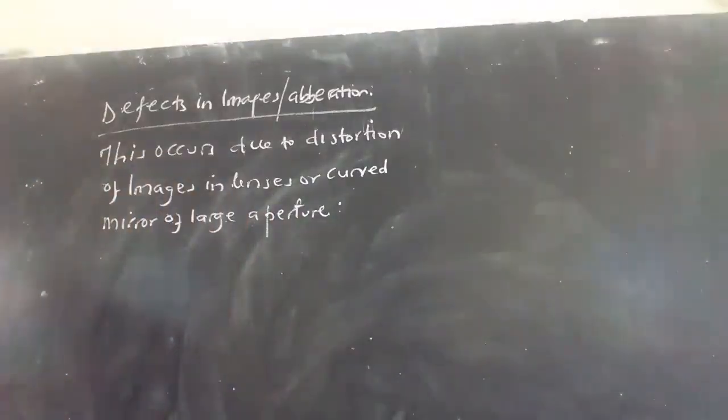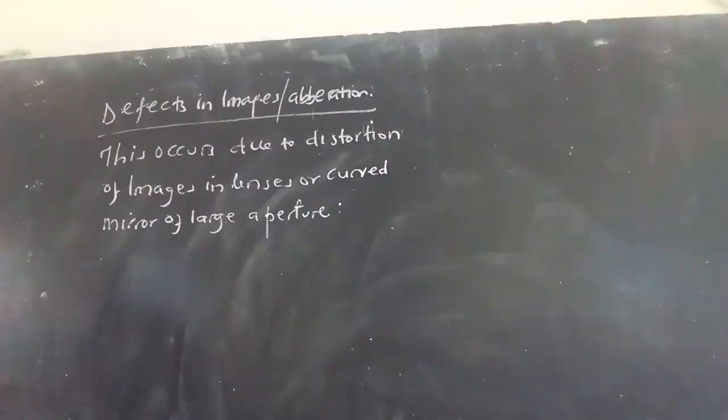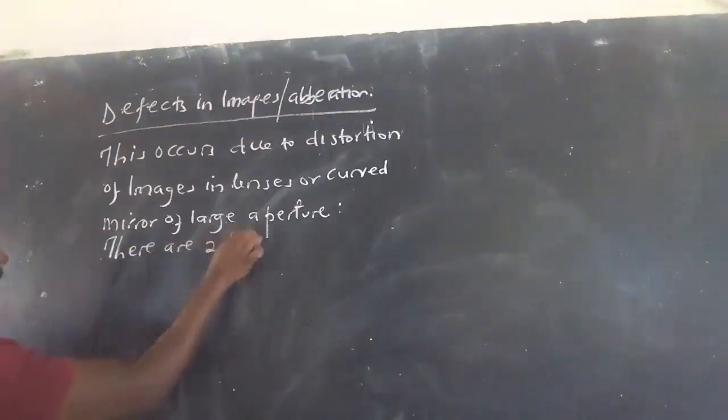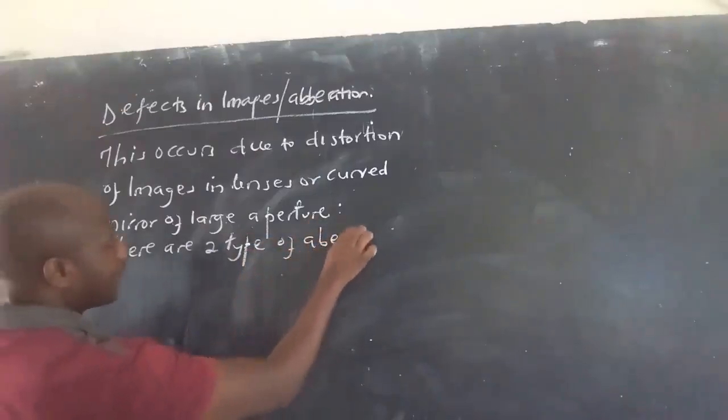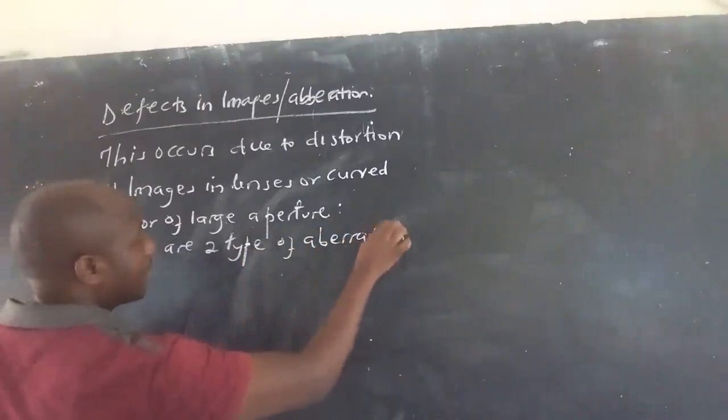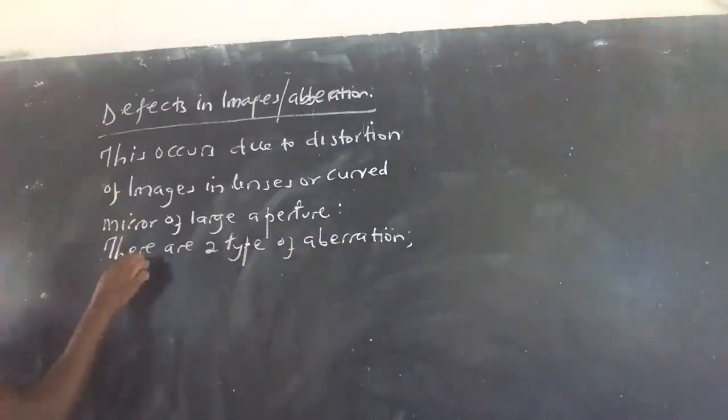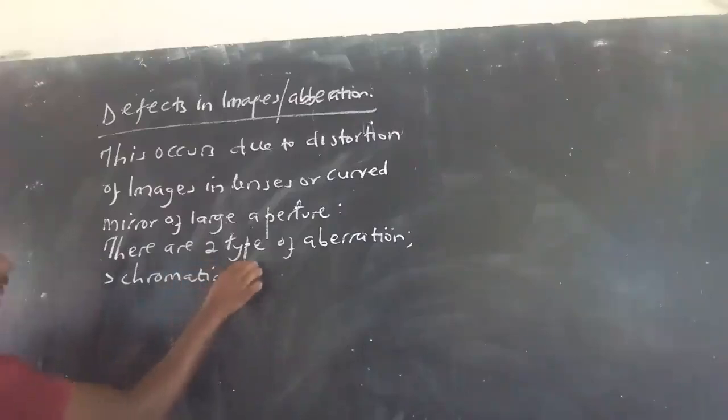Then we shall say that there are two types of aberration. Aberration is spelled with a double R. One, we have what we call chromatic aberration.